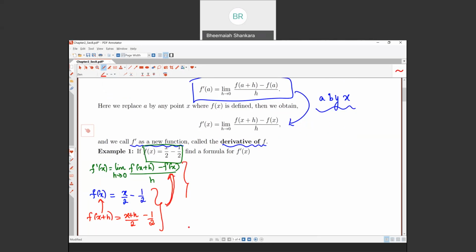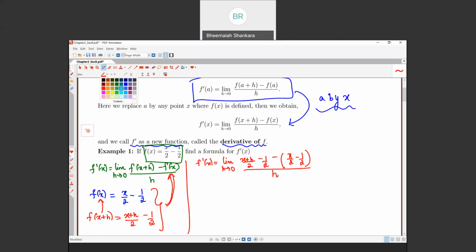So when we plug in, we have f prime of x equals the limit as h approaches 0 of f of x plus h, rewritten as x plus h divided by 2 minus 1 half, then minus f of x, written as minus x over 2 plus 1 half. Now the entire function is divided by h.